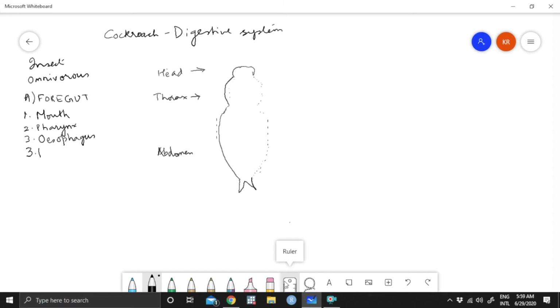Third is esophagus, 3.1 is crop. Okay, and then fourth is gizzard. And along with this associated will be a gland, so the fifth one is salivary gland.